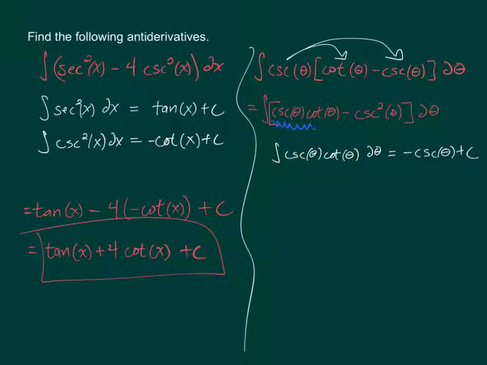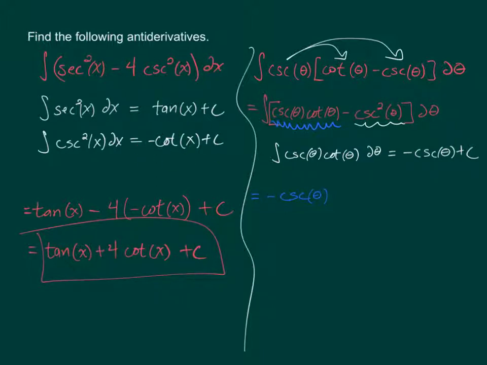This first term, cosecant theta cotangent theta, when you find the antiderivative of that, you'll just get negative cosecant theta. And this second term over here, we've already used in this other example.